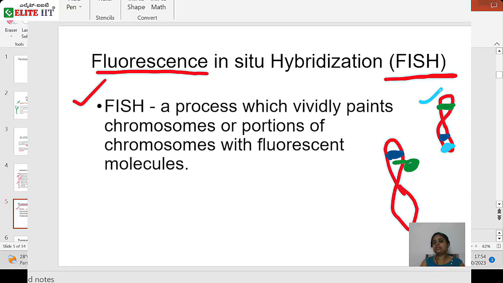In this figure I have given 3 locations you can identify by using 3 colored fluorescent compounds and 3 different probes. So it is known as vividly painting.